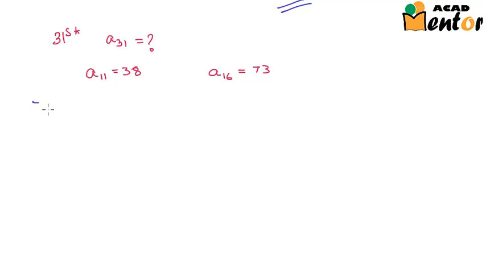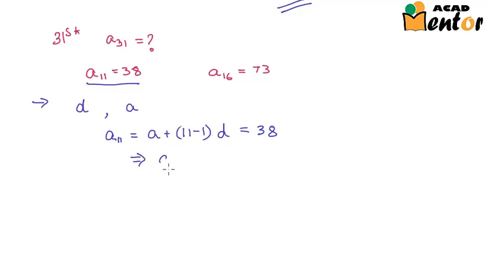We can assume that the common difference for this AP is d and the first term for this AP is a. Now we know that A11, or the 11th term, can be written as a plus (11 minus 1) into d. This will be equal to 38, or a plus 10d is equal to 38.